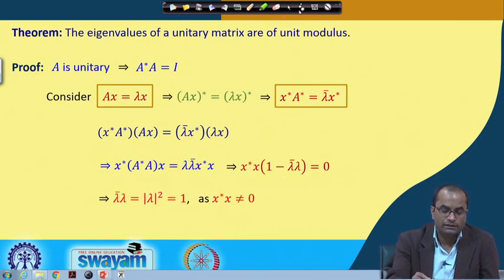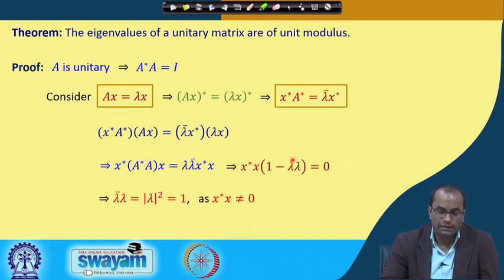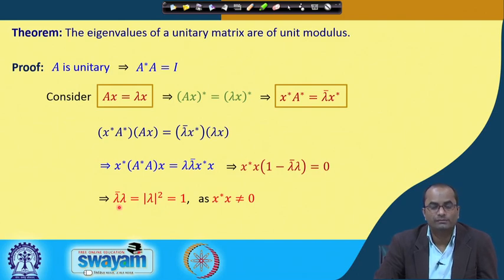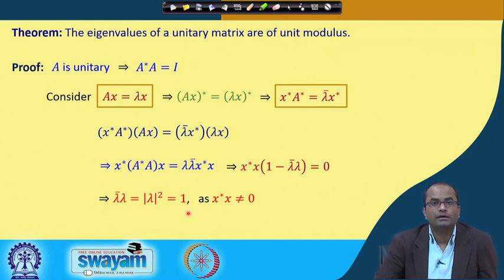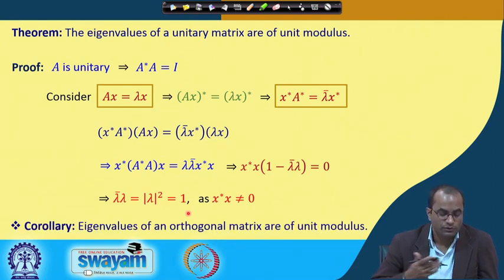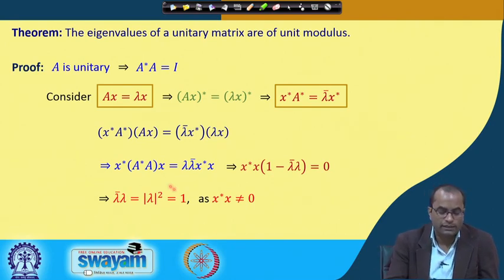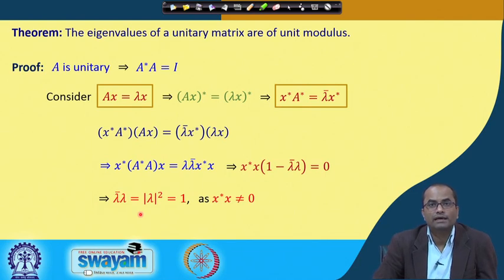With this we got the result that lambda bar lambda is equal to 1, and lambda bar lambda is nothing but the absolute value of lambda squared. So, the absolute value of lambda squared is equal to 1, because x star x cannot be 0. Meaning we got that the absolute value of lambda has to be 1.